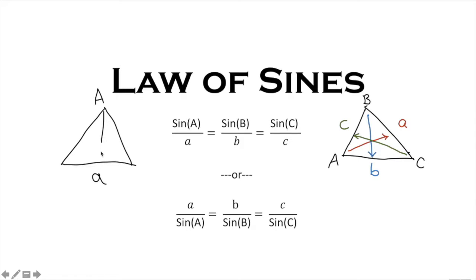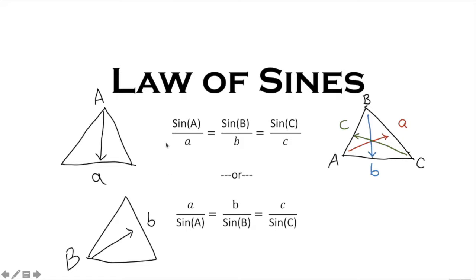And if you want to do a different triangle for B, if this is angle B, this would be side b over here. They match up. You take one angle, and the side opposite to that angle is the matching side.